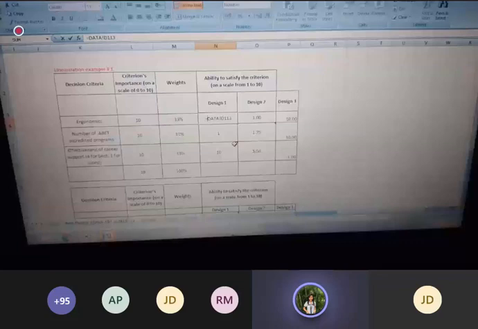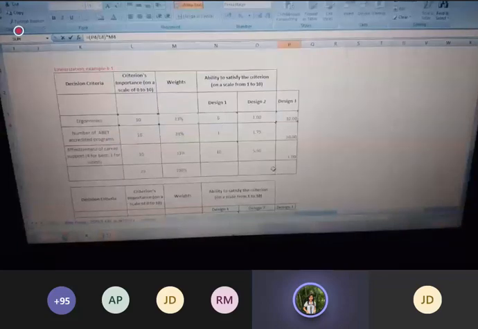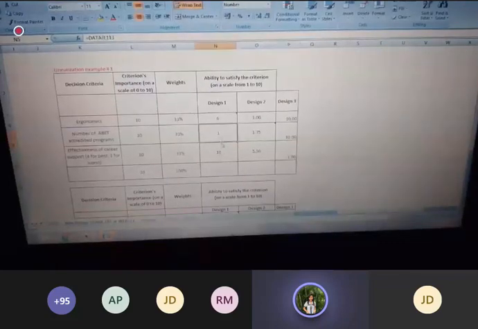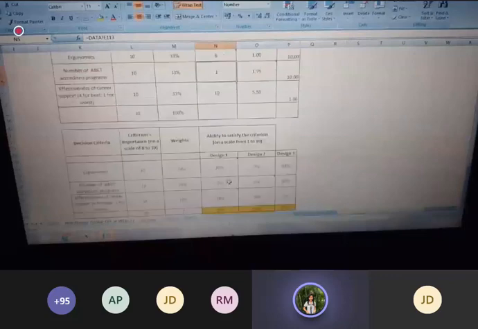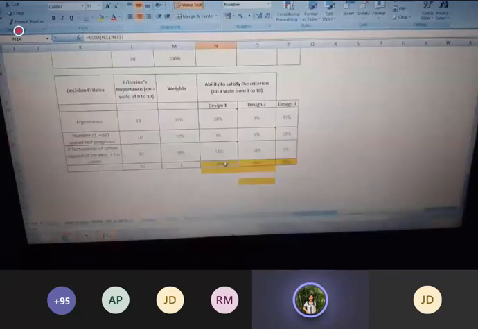Then the results would be like this in percentage. And after getting the percentage, you can compute for each design the percentage of each design per criterion. You add it up, and this would be the percentage per design.